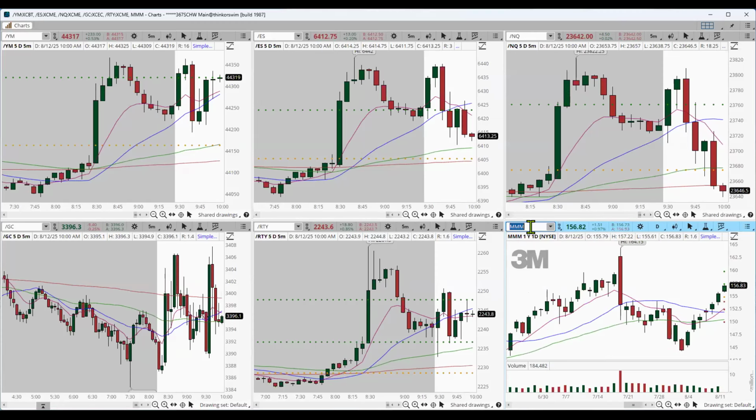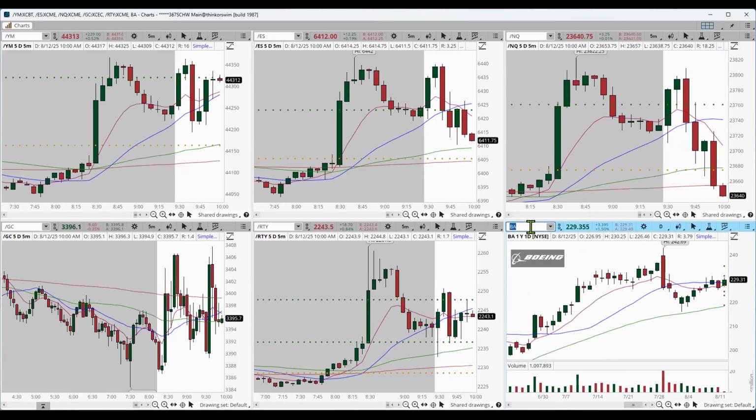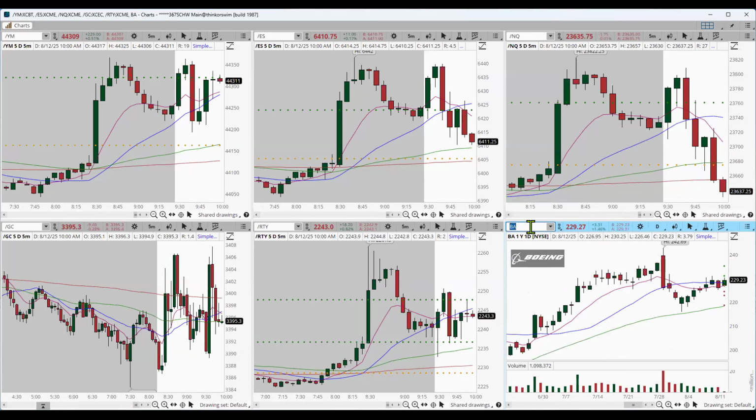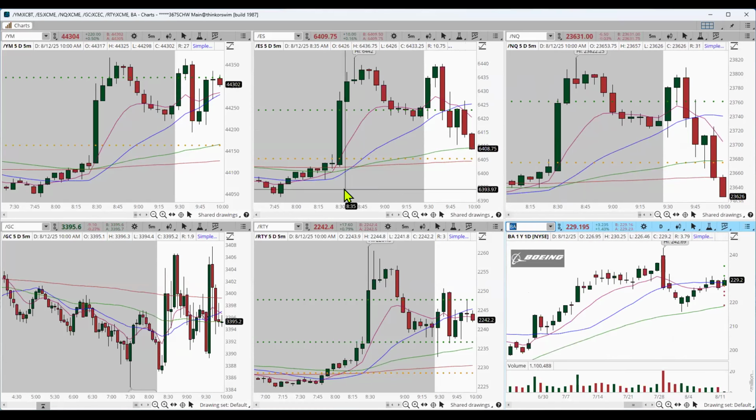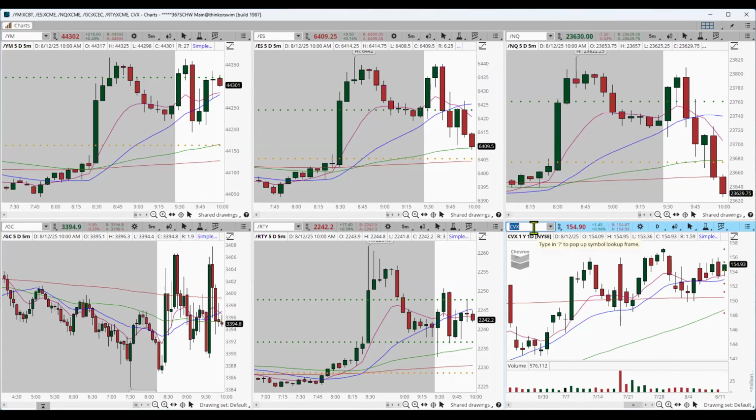We have 3M, Dow component, higher today. Boeing. Go Boeing. Sandwiching today. May want to go higher, but it needs to take out these highs, 231, 232. CVX, pretty bullish on the day as well. Almost $1.50 higher. So Dow is pretty strong. Let's take a quick look again at the VIX.